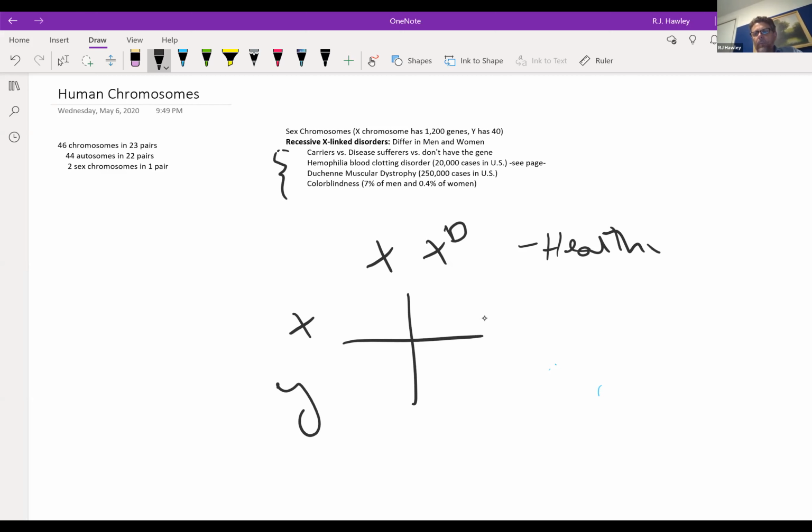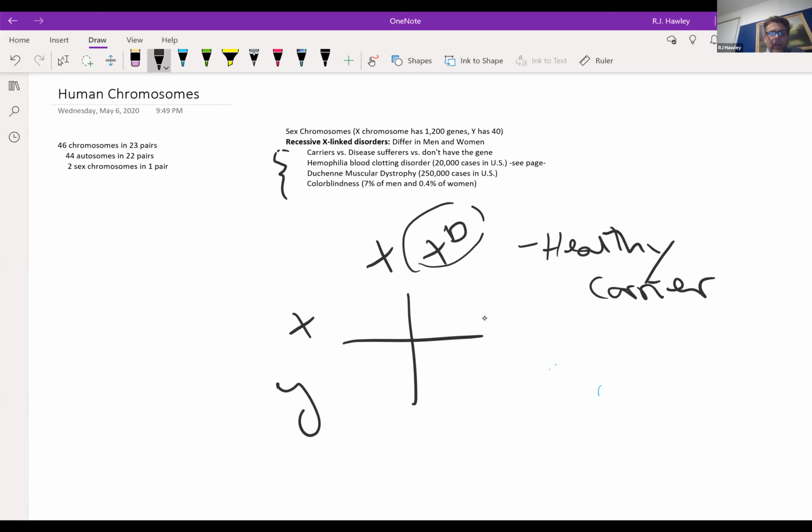She's not sick, but she is a carrier. So she can transmit this trait to her children, her sons and daughters. And she has a 50% chance each time of an egg having this diseased gene inside of it. So moms are oftentimes healthy carriers in this situation of diseases.